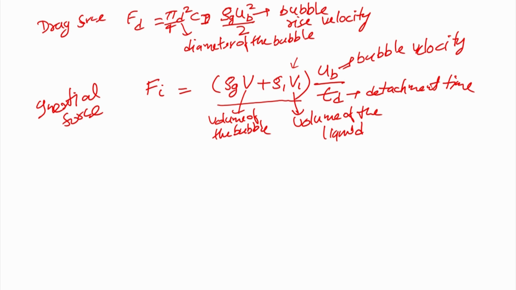So, that will be moved, and then you see at what rate that mass is being transferred. That way you are calculating the acceleration with which the bubble is moving. And that bubble acceleration is nothing but the inertial force. So, that is the way we calculate the inertial force. It is the total amount of mass, gas plus liquid, the bubble is taking away. So, that is the inertial force.